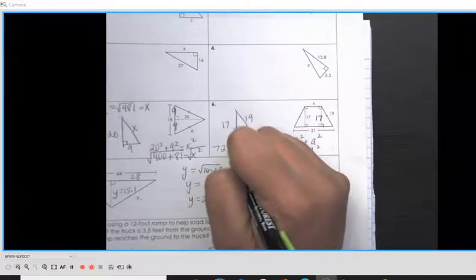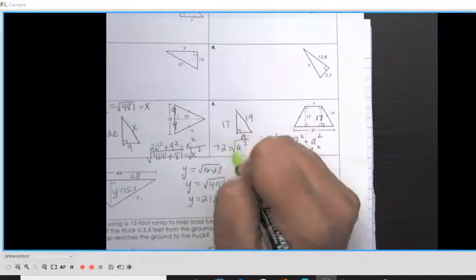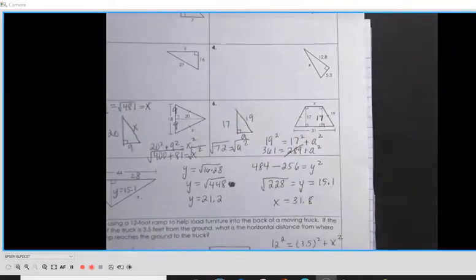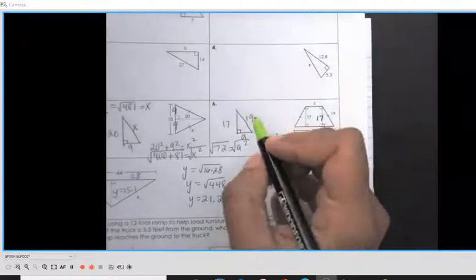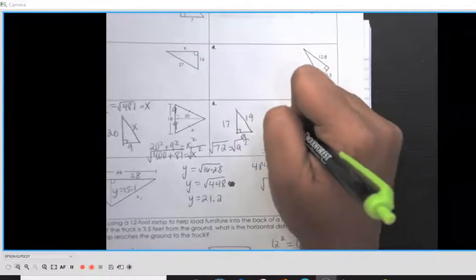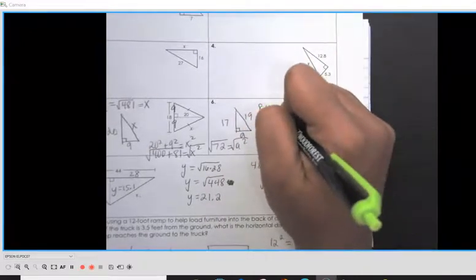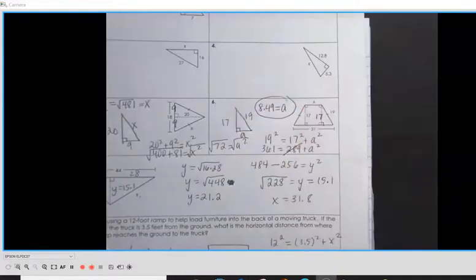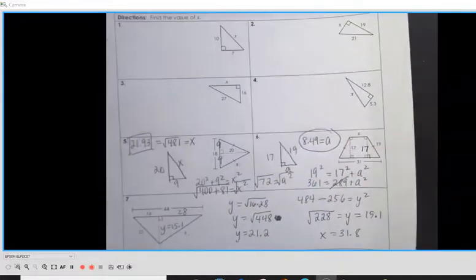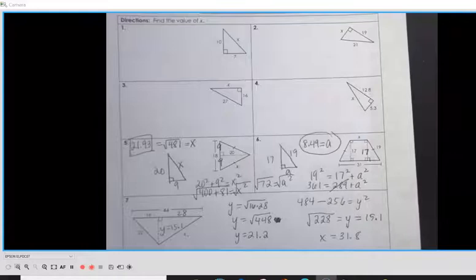So I have 72 equals a squared. I'm going to take the square root of both sides. And that's where I get a is equal to 8.49. Okay, so I hope these make sense to you and they're straightforward.